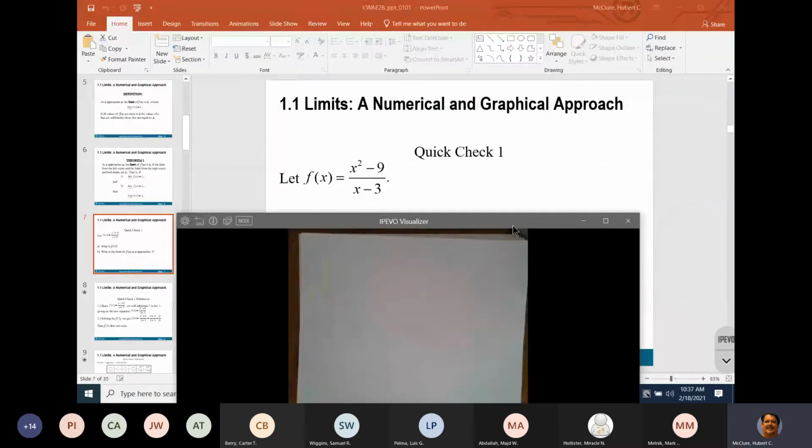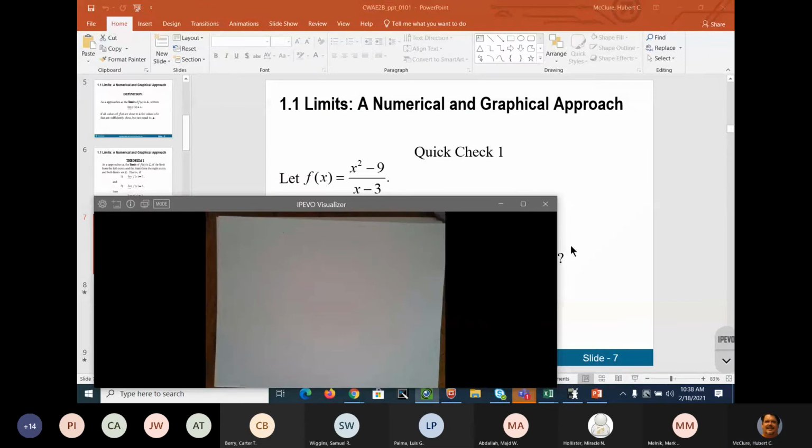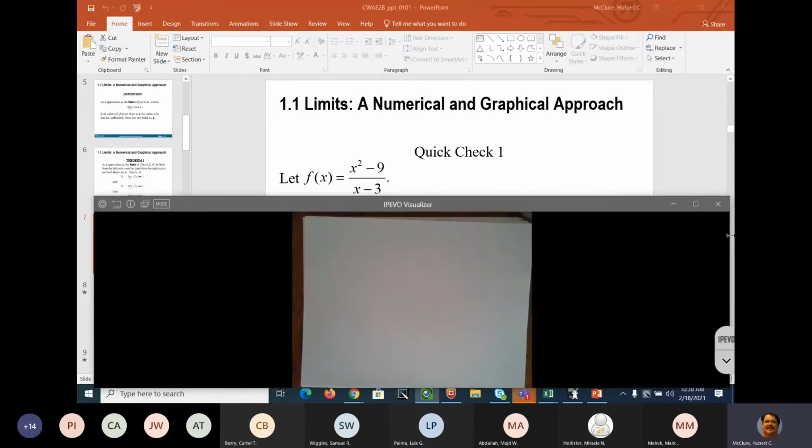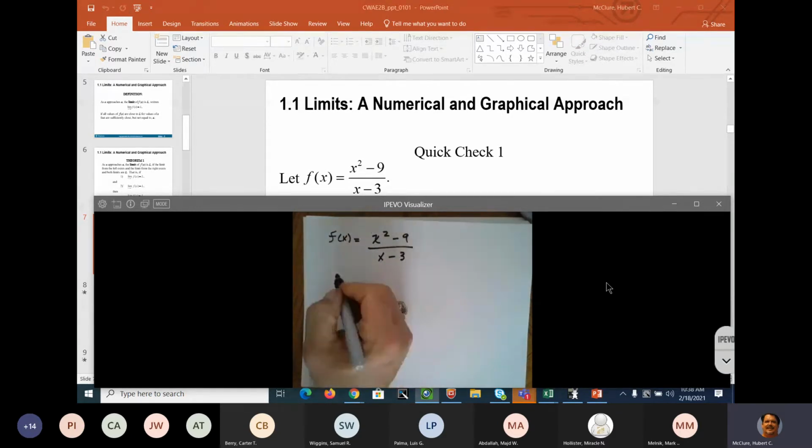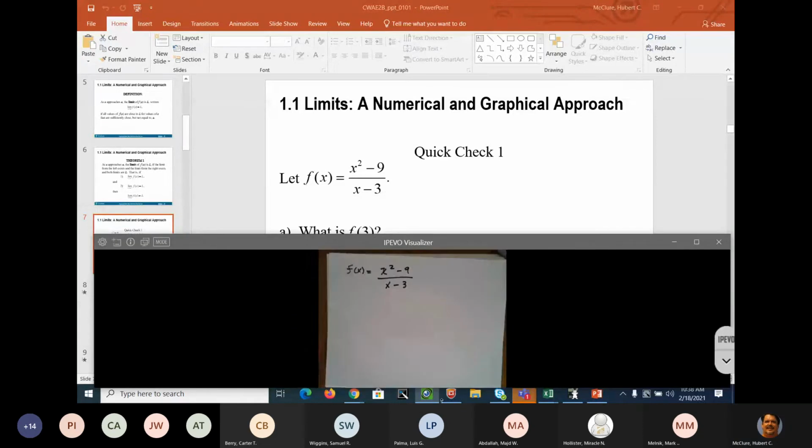Let me move this down. So you've got f of x is equal to x squared minus 9 over 3x minus 3. And they tell you down here, what is f of 3?